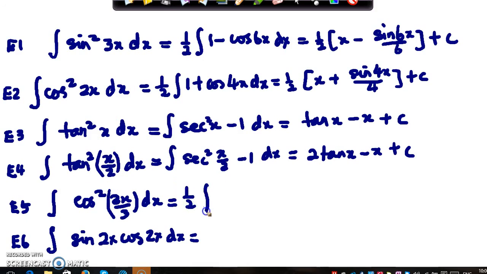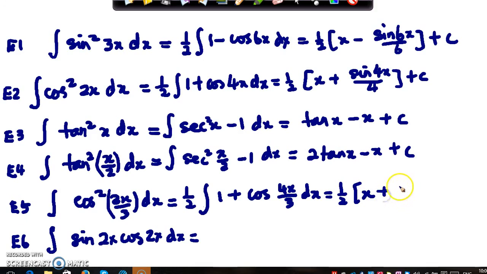So half integral 1 plus cos 4x over 3 dx. Integrating will give us x, and cos will give us 3/4 sine 4x over 3 plus c.